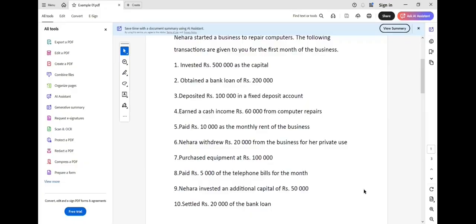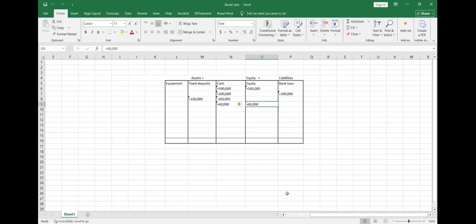Fifth one: paid 10,000 rupees as the monthly rent for the business. Now to pay the rent, you have to take cash out of your cash drawer. It should be minus 10,000. Expenses should be borne by the owners, so it will decrease the equity. Here we should write minus 10,000.